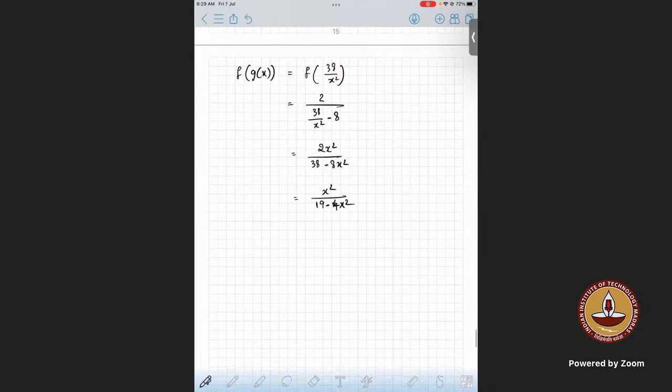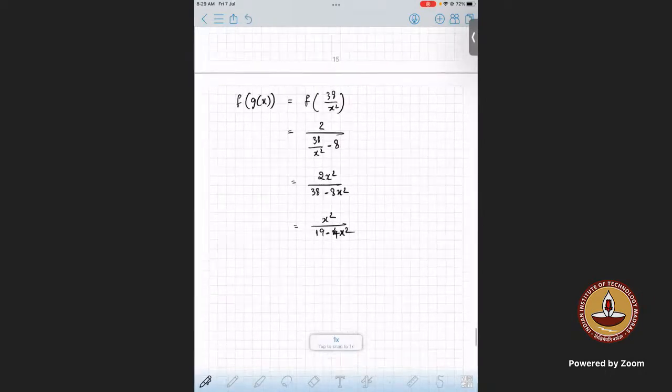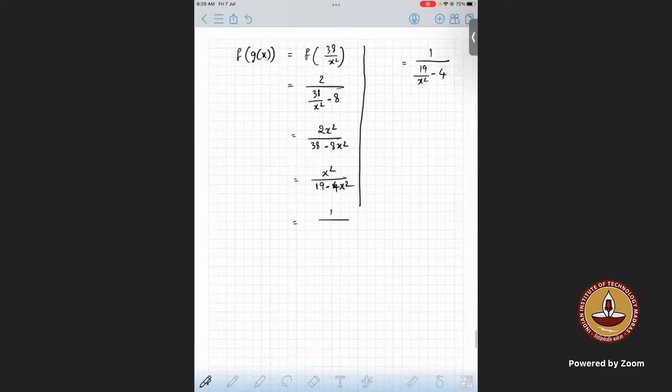Okay? Clear? What happens? 1 by 19 by x square minus 4. Agree?